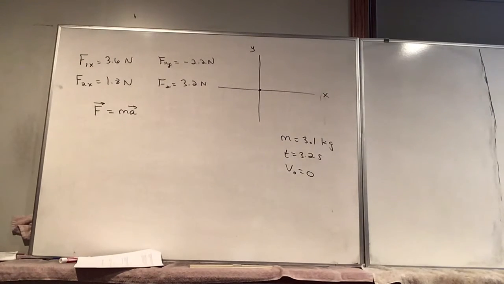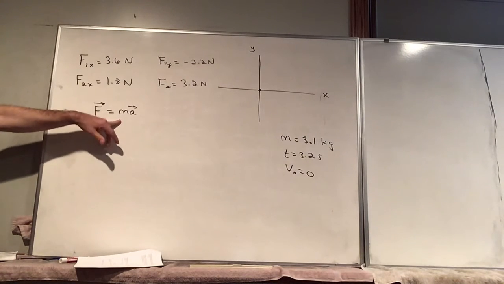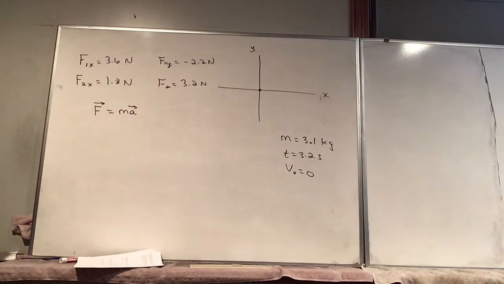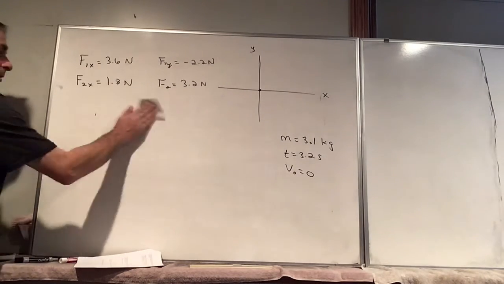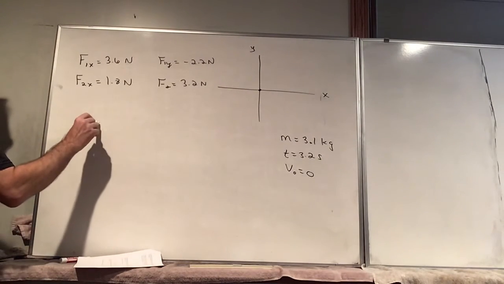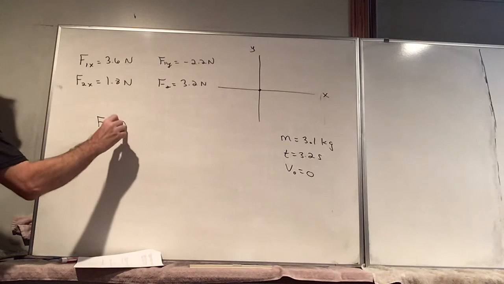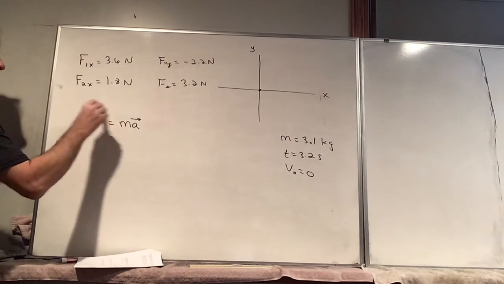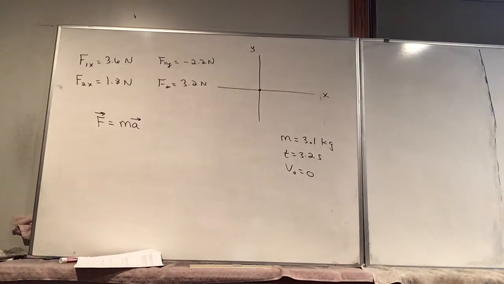We can find the acceleration because we know the force acting on it and we know the mass. And once we have the acceleration, these are constant forces, then we can apply kinematics from chapter 2.